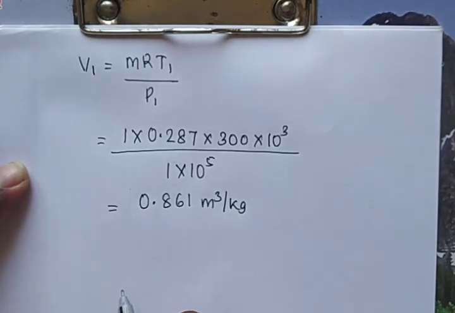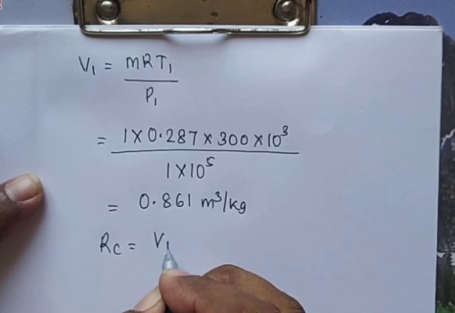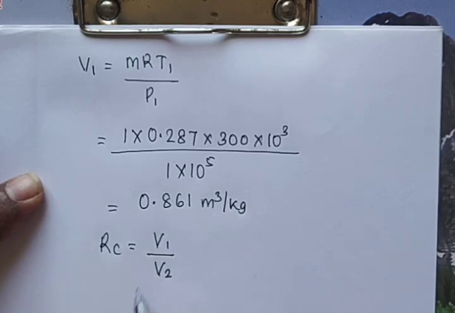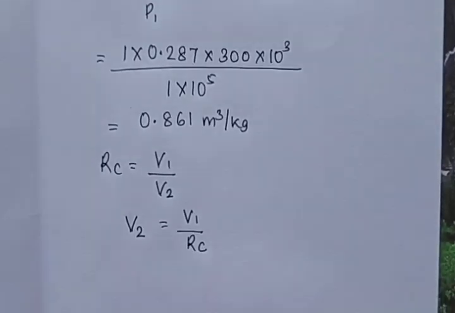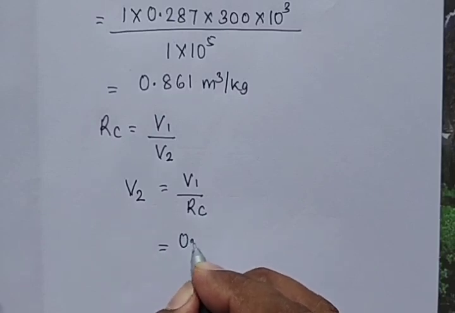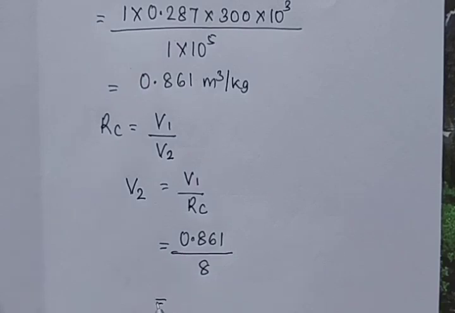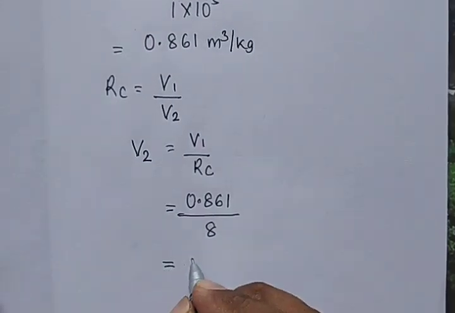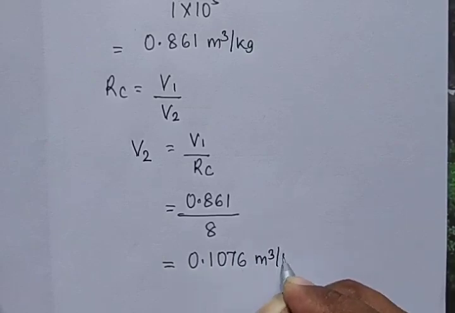So after finding out the value of V1, find out V2, that is Rc equal to V1 by V2. Rc is 8. So V2 will be equal to V1 by Rc, and V1 value just now we have found out, it is 0.861. Rc value is given to us, it is 8. So upon substituting, we get the answer as 0.1076 meter cube per kg.